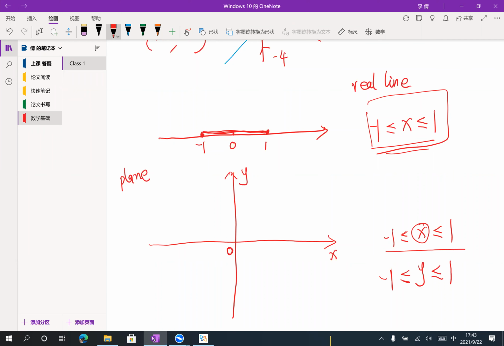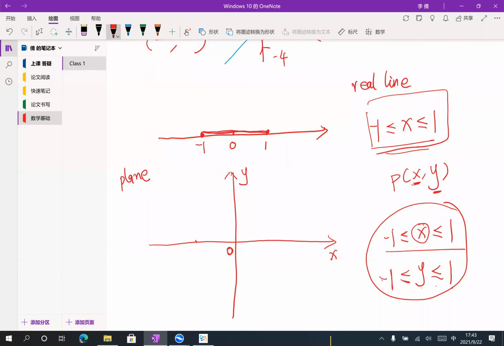What does this mean? For all points P, the x coordinate will satisfy that it is larger than or equal to -1 and smaller than or equal to 1, and the y coordinate of this point P will satisfy that it is larger than or equal to -1 and smaller than 1. And how can we draw this?